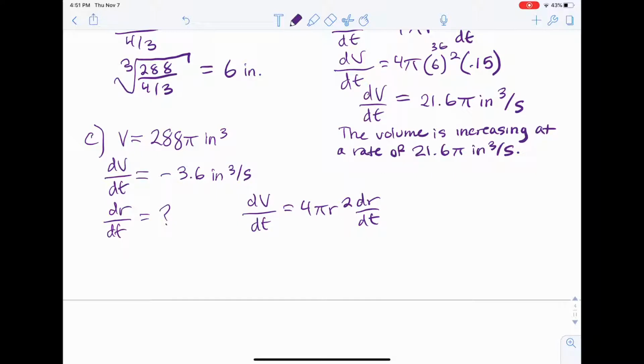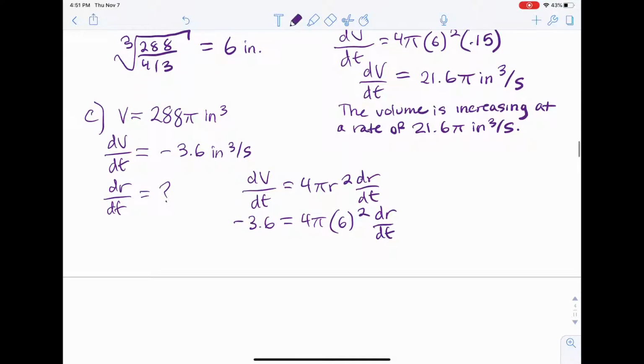And then when you plug those numbers in, it becomes negative 3.6 equals 4 pi 6 squared times dr/dt. And then you get negative 3.6 equals 144 pi dr/dt.